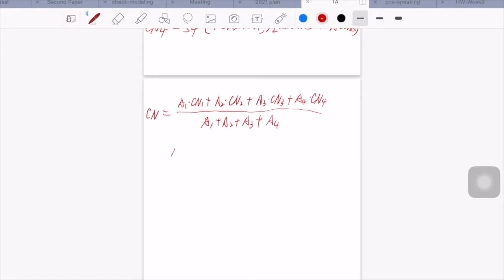And we know A1 should be equal to 40% of the golf course, so equals 40% times 20. So A1 is 8 hectares. And A2 equals 60% times 20, so it is 12 hectares. And we know A3 is 30 hectares, and A4 is 50 hectares.